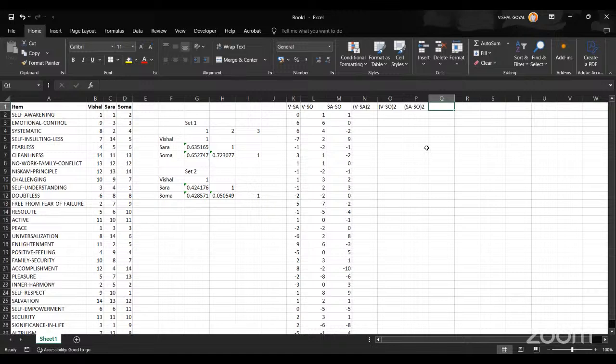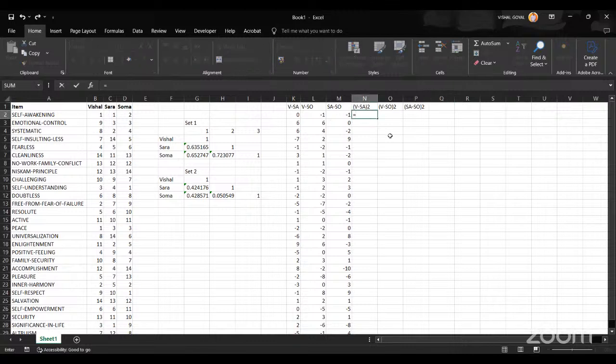Okay. Then you go to the N2, equal to K2, K2, then square 2. Square, you know, there is one upward arrow.